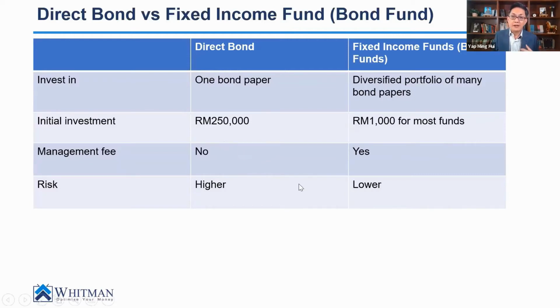But we must be aware that putting 250,000 into one piece of direct bond is pretty risky. If you diversify into 20, 30 bond papers, then the risk is very much reduced. So be very careful. When I talk about bond fund, I really mean a fund and a portfolio of bond papers and not a single bond paper.